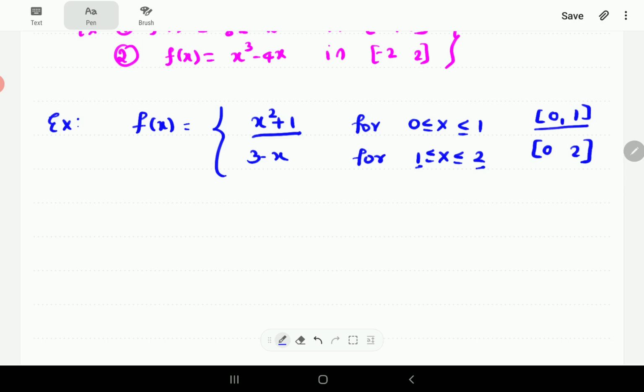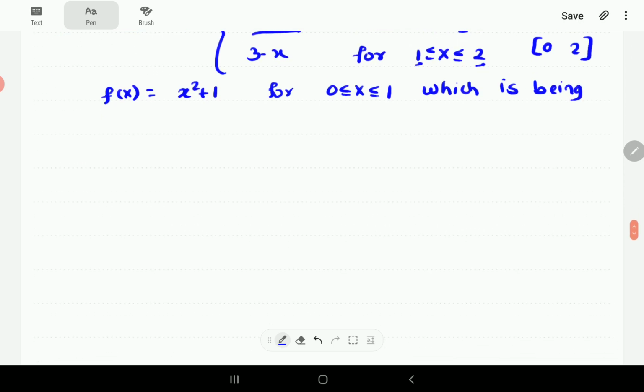Okay, also let me write it here. So basically f of x is equal to x square plus 1, this is for 0 less than or equal to x less than or equal to 1, which is being a polynomial.